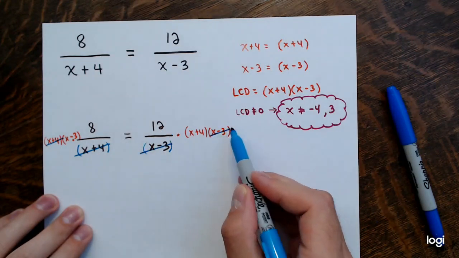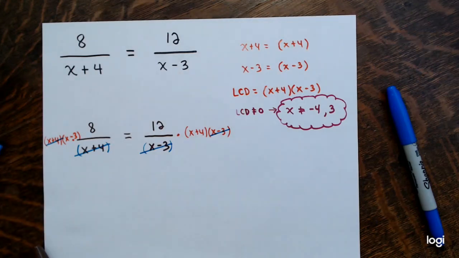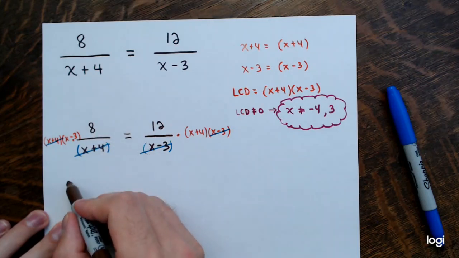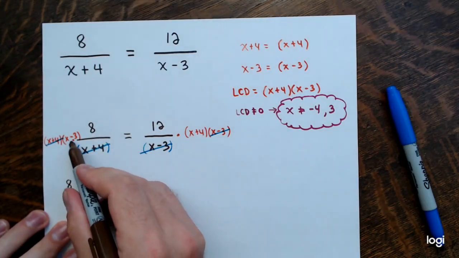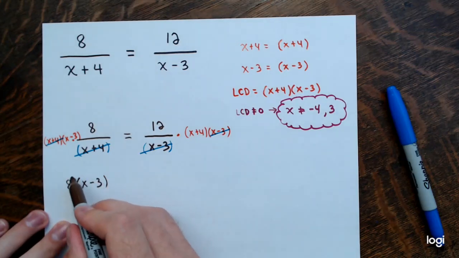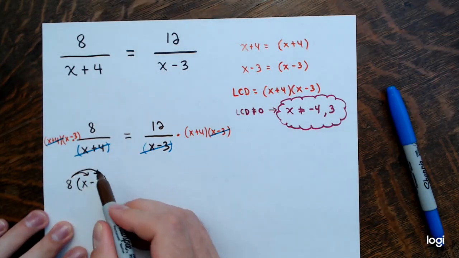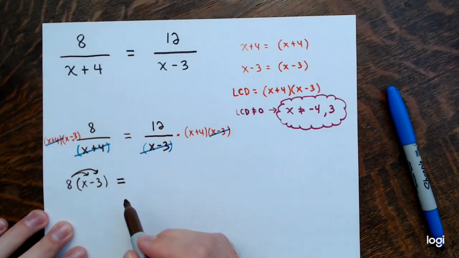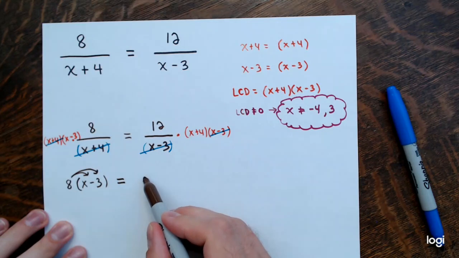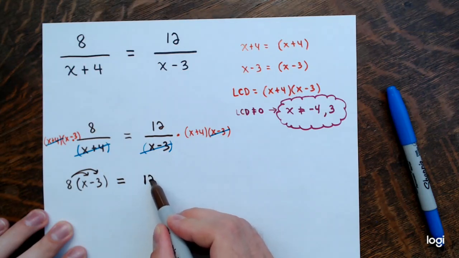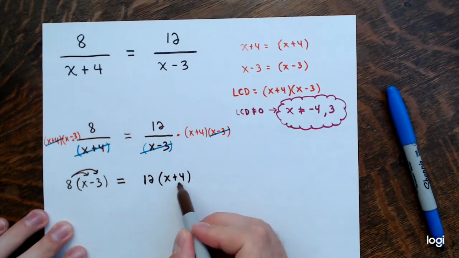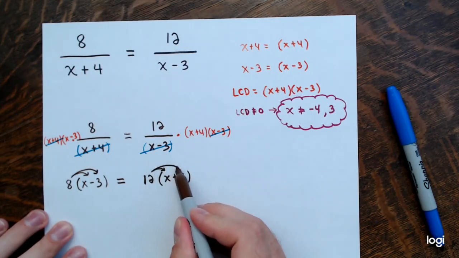Those cancel, becoming 1. So what am I left with? I'm left with 8 times the quantity x minus 3, the whole thing. We're going to be distributing 8 here in a second, equals, and on this side I've got this factor of 12 times the quantity x plus 4, and again the whole thing in parentheses. I'm going to be distributing this 12.